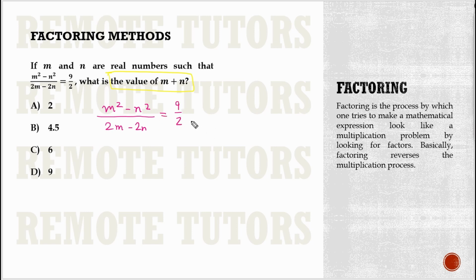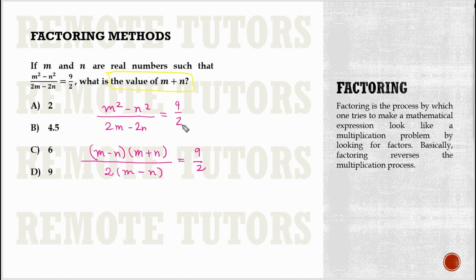The first step will be to factor the numerator, and the factored form of the numerator is the difference of squares, so that is m minus n multiplied by m plus n. And next, we will find the factored form of the denominator. We will pull out the common factor, which is 2, so 2 multiplied by m minus n.